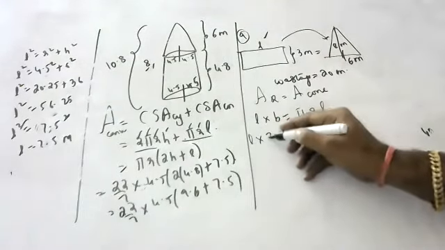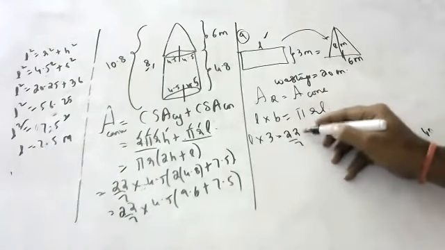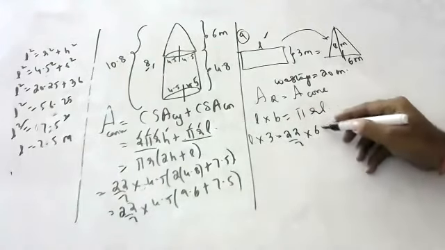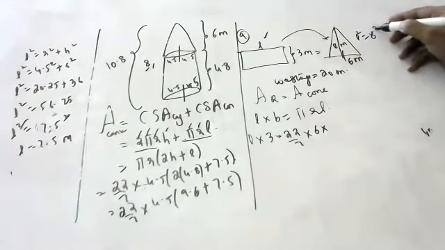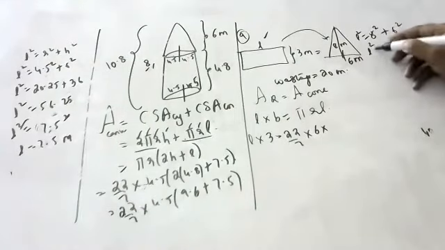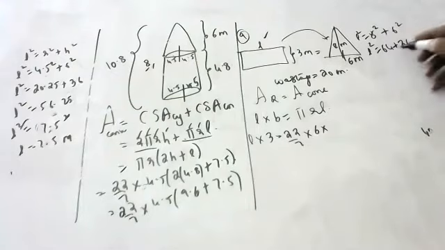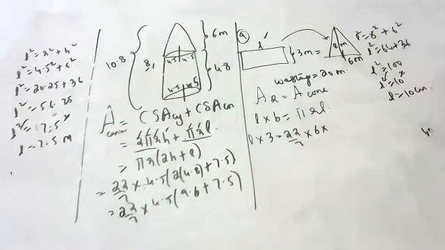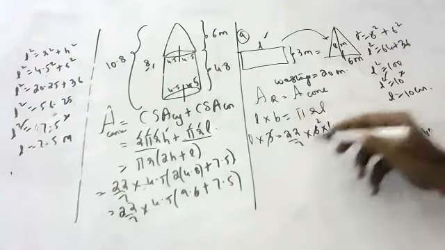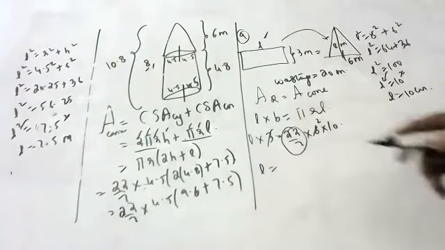So L into 3 is equal to 22 by 7 into radius, which is 6. How to find the slant height? 8 square plus 6 square, 64 plus 36. How much? 10. Okay, now. So 22 by 7 is how much?